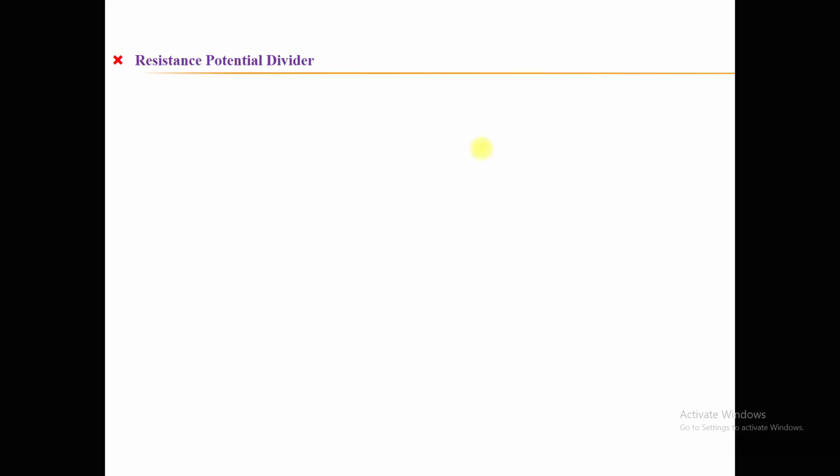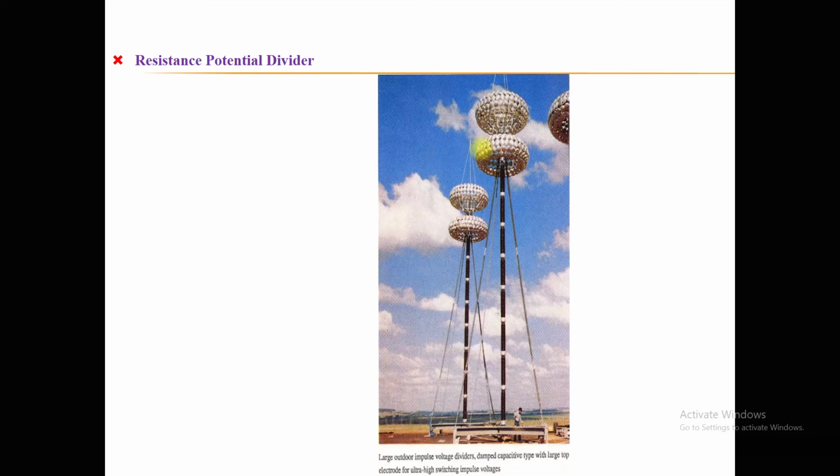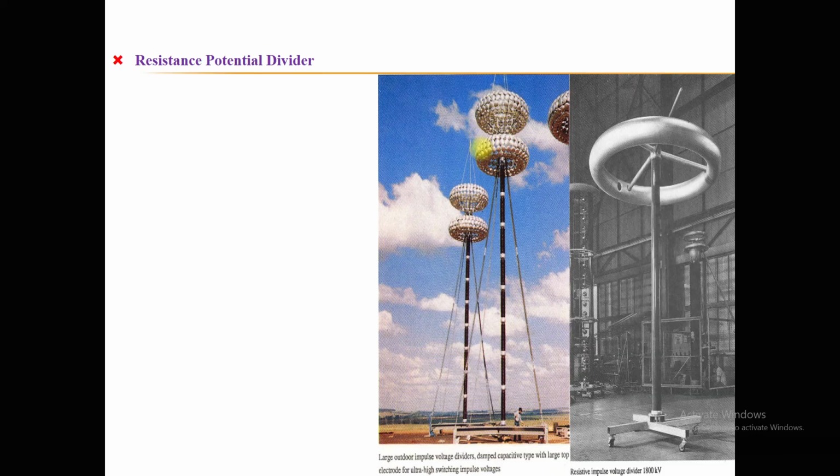The most extensively used methods in high voltage laboratories for the measurement of high voltages are either the resistance potential divider or the capacitance potential divider. Here you can see how they look: this is the outdoor application and this is the indoor application.